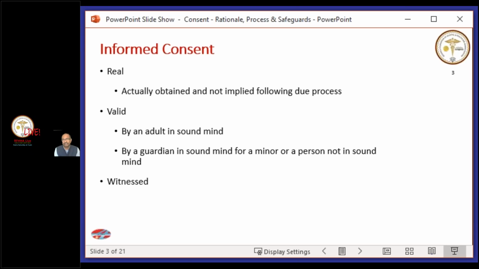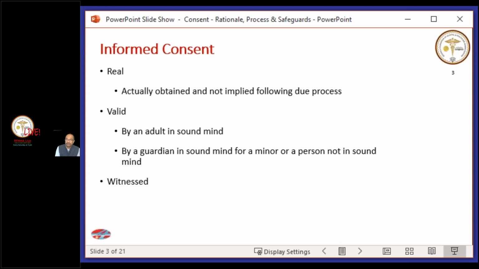These two flavors we've been hearing ever since we started our medical careers, and therefore this should be familiar to all of us. So why the term real consent? It is because the Supreme Court of India has used this term in a famous case called Miss Samira Kohli versus Dr. Prabha Manchanda. Many of you would have heard about this case, and we will cover a few important aspects that the Supreme Court pointed out in this case.